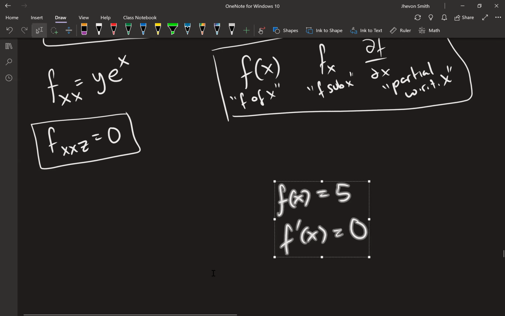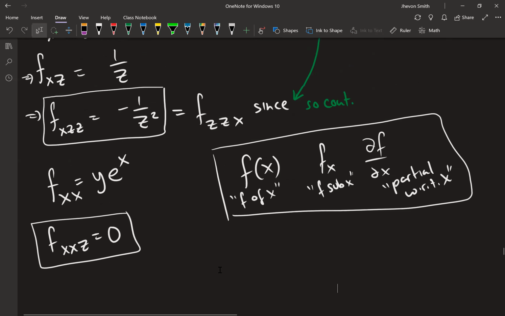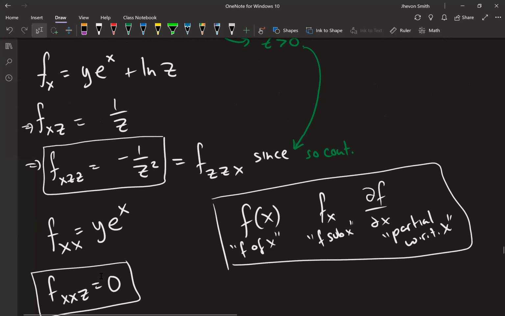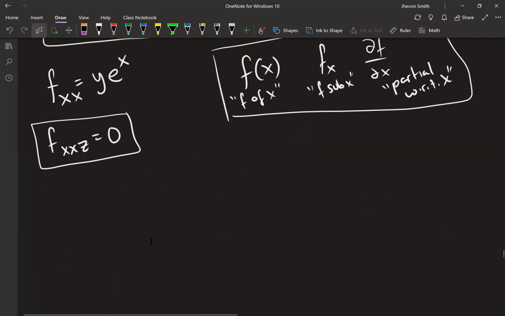So that's 0. Would it have been better to do f sub z from the beginning? Right, I was going to mention that. Notice here, to get to this 0, you went through 3 steps: f sub x, then f sub xx, then f sub xxz. Or you could have first done f sub z.